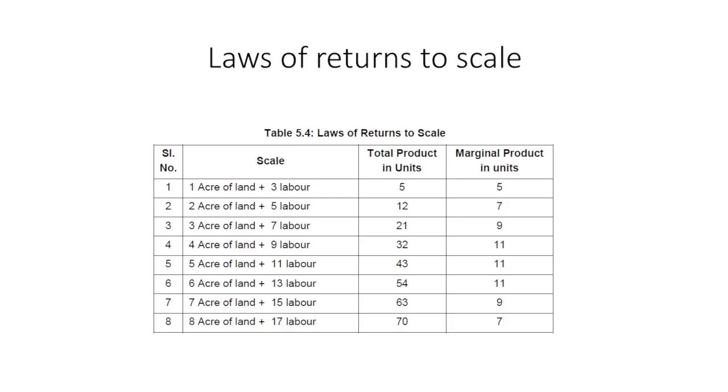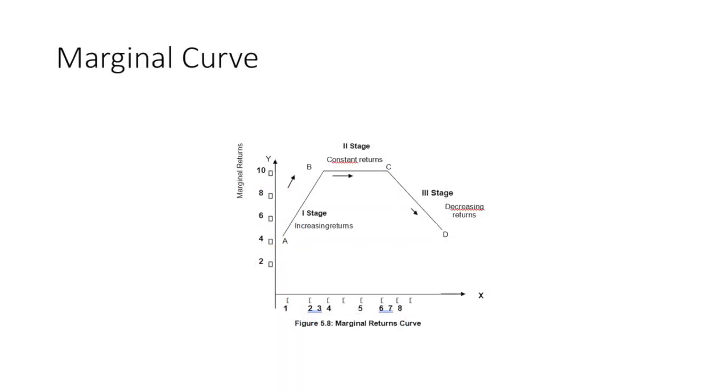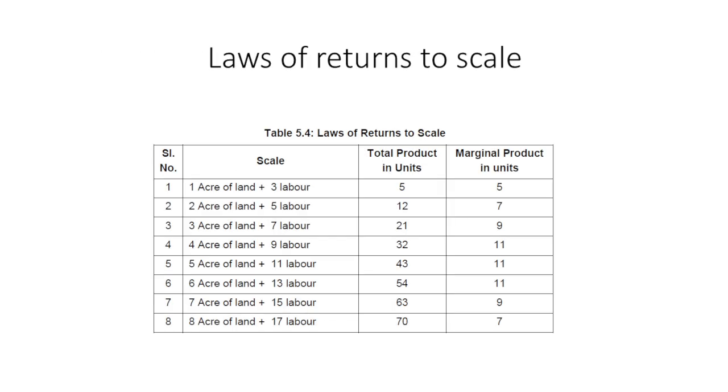Okay. Now we can see this is the marginal curve. From the previous slide we can see the marginal outputs. Here first it is 5, then 5, then 12, so 7 units are increased, the marginal increase for successive units. Now the difference between 21 and 12 is equal to 9, and here it is 11, 11, 11, and then 9 and 7.